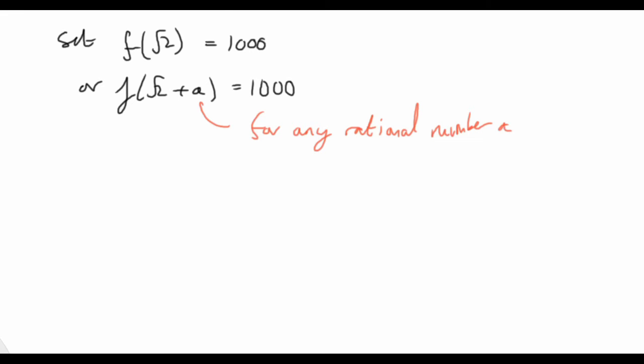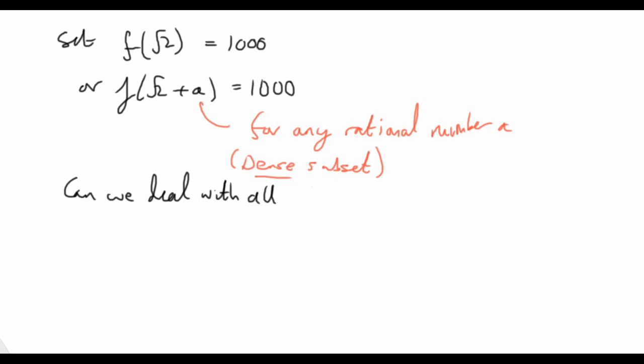And that won't interfere with my f of any rational number being 17. And we'll have a dense set of stuff going to 1,000. But we're still clearly not going to get all the real numbers by going sort of one at a time through very famous irrational numbers like the square root of 2. Now our next trick is to deal with them all at once.